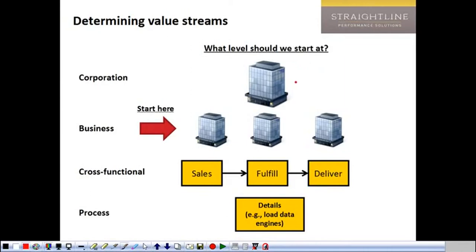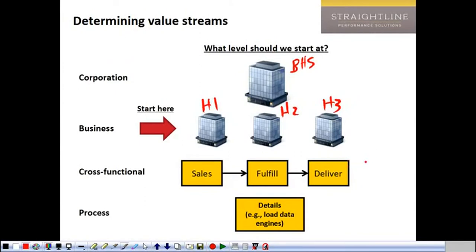So maybe one of the things that can be looked at would be Baptist Health System. There's multiple businesses, right? There's multiple hospitals. I'll just say H1, H2, H3. And then there's multiple processes within each one of these hospitals.